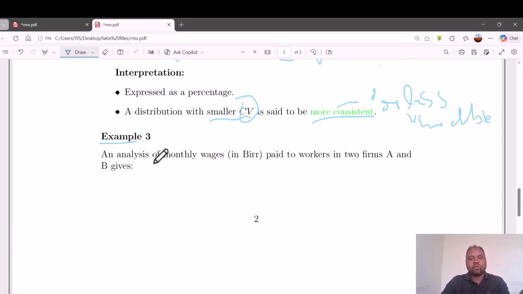Consider an analysis of monthly wages paid to workers in two firms, A and B. We have a series of data values on workers' wages. These two firms may be from the same industry or different industries. But it is difficult to work with all these individual values.